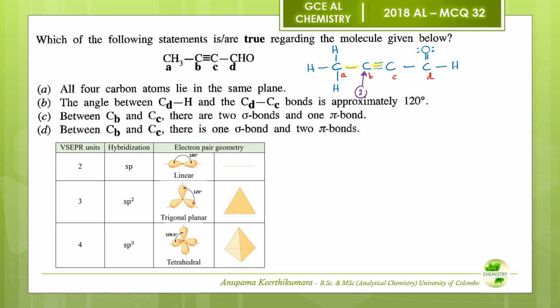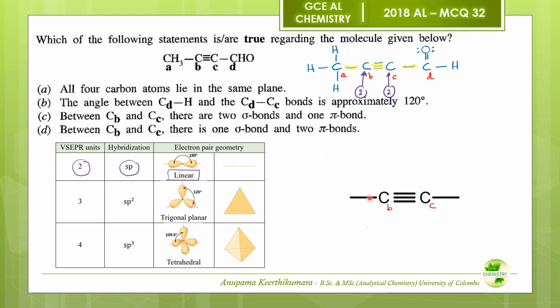There's a triple covalent bond and a single covalent bond around CC. Therefore, there are 2 VSEPR units around CC. If there are 2 VSEPR units around a center atom, the hybridization is sp and the electron pair geometry is linear. Now we will draw the geometry around CB and CC.